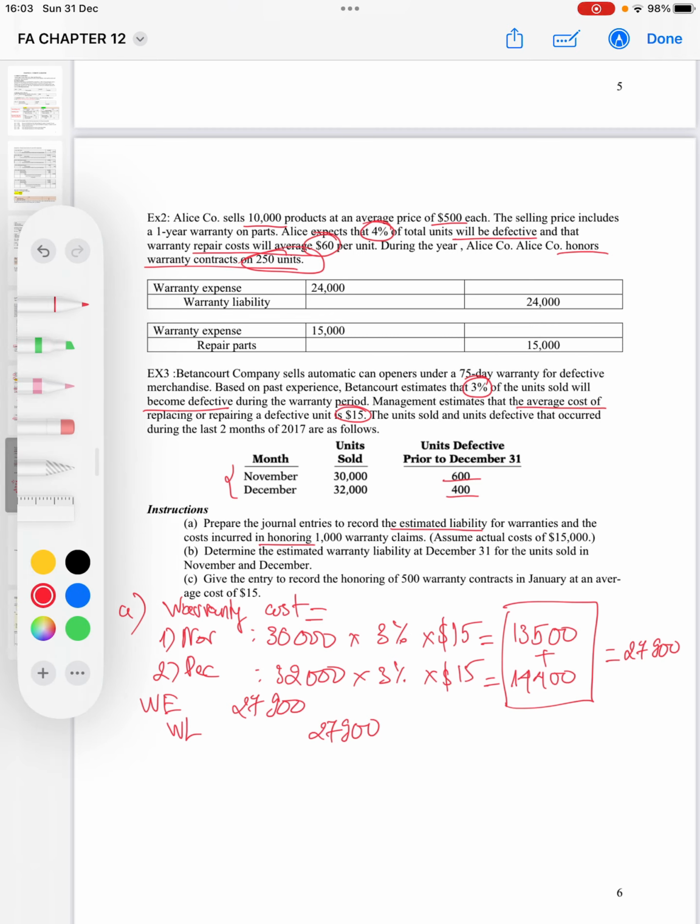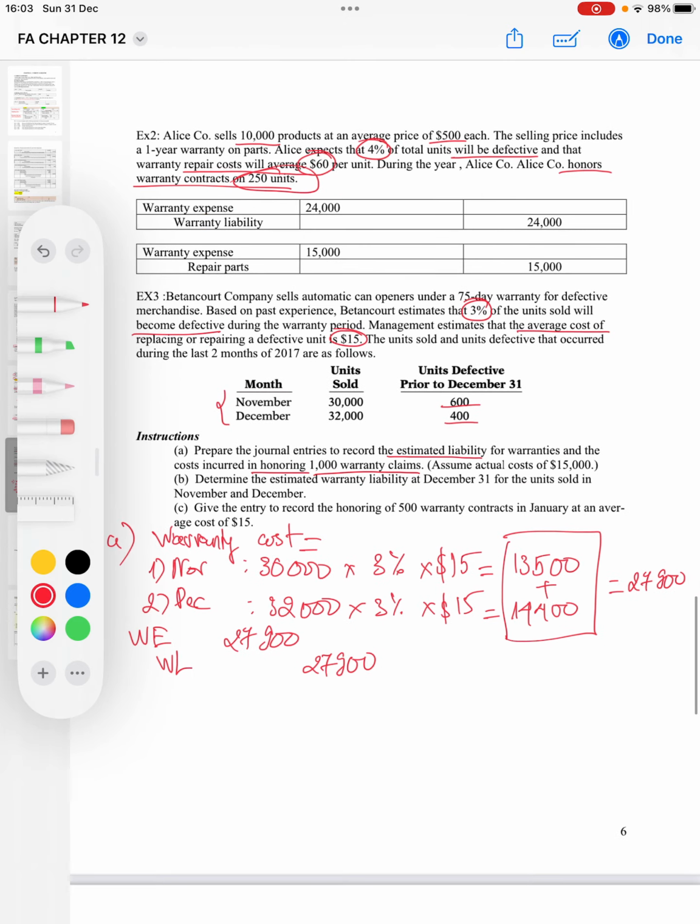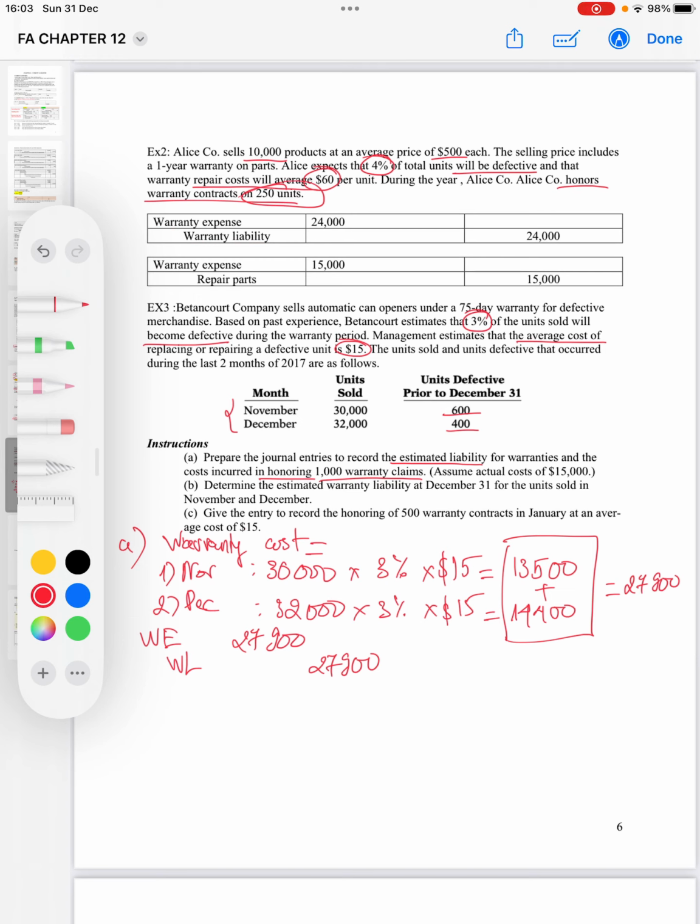And next, you have to honor 1,000 warranty claims. So let's estimate the cost of 1,000. You use 1,000 multiplied by the cost of 15.